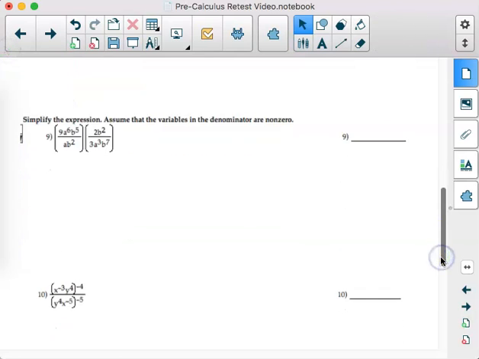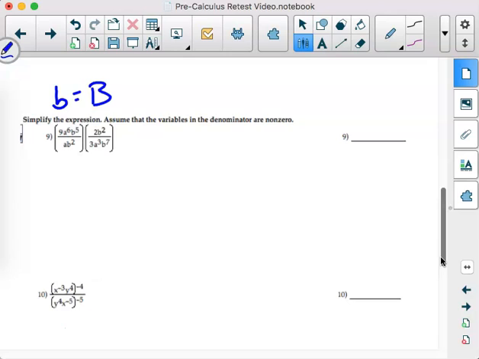Now when we get down to number 9, this brings up something that a couple of people did. They started doing things like changing a lowercase b to a capital B. That is not allowed in math. Lowercase letters are for basic parts of a formula, whereas capital letters usually indicate that there was some other math that you had to do.